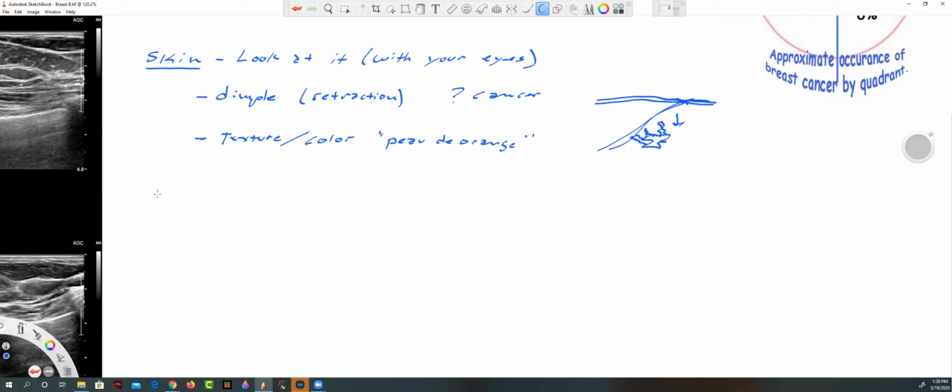And then let's see, nipple. What do I have to say about that? Extra gel, I already mentioned. Compression and roll. Okay, so lots of gel. Lots of gel needed to look at the nipple.